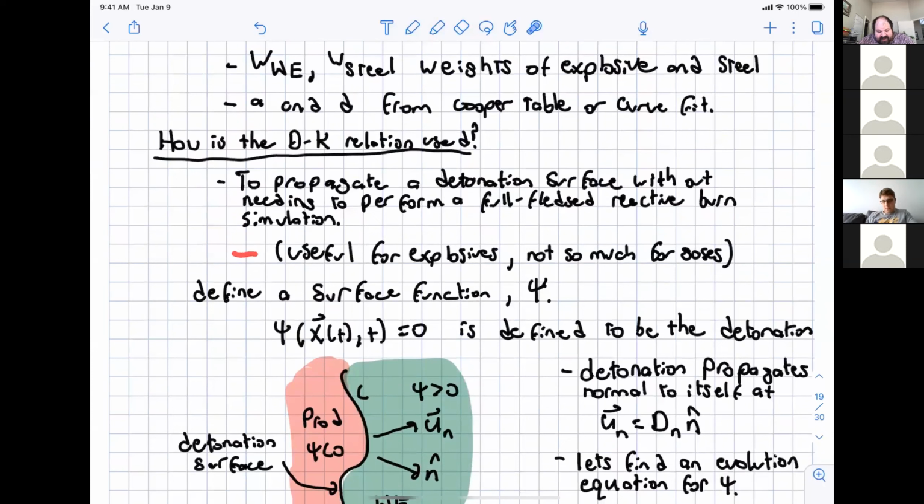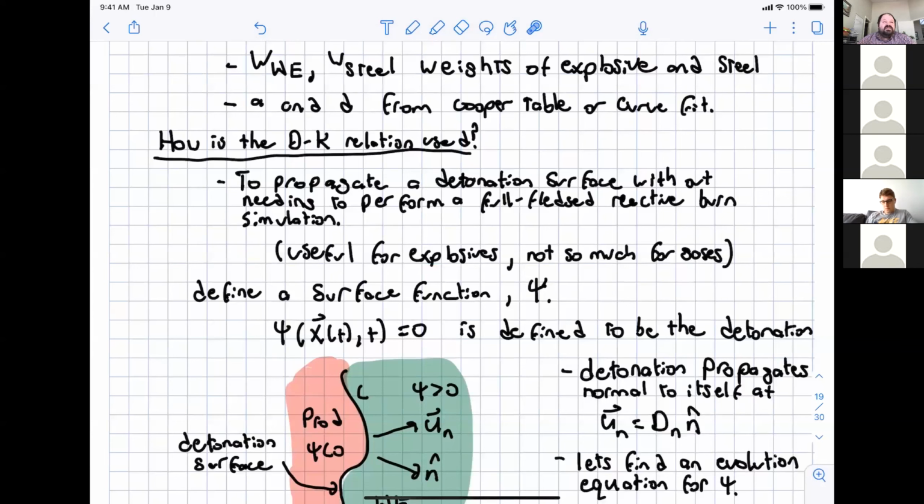Now I will make a caveat here: this is more useful for explosives because the structure of a multidimensional detonation in a solid is very nice and simple, whereas the detonation structure for a gas is inherently unstable, and basically bumps start to form on it, but solids don't do that. And so this theory is very successful for solids. It's almost never used for gases.